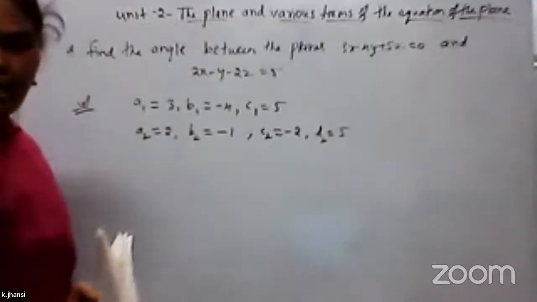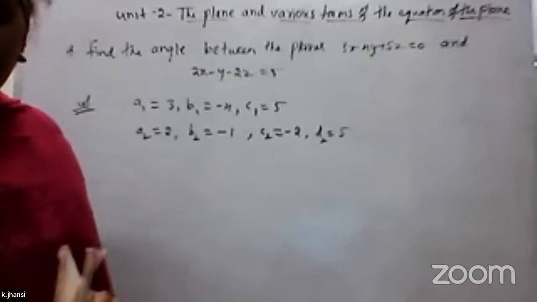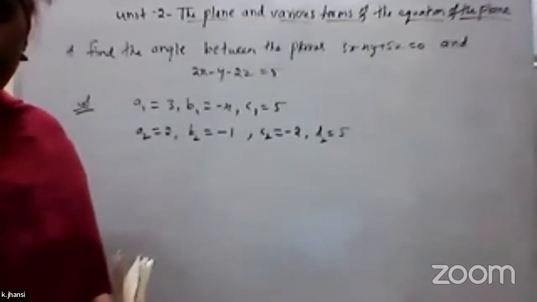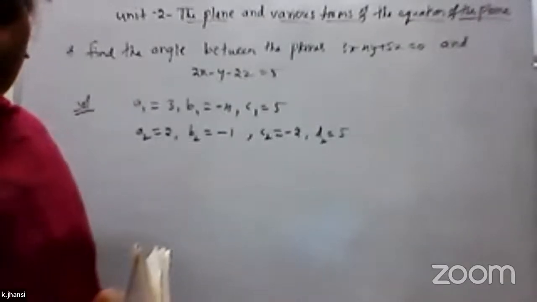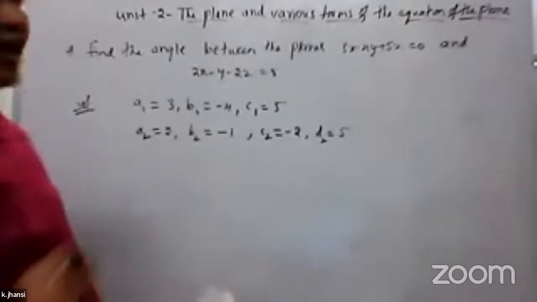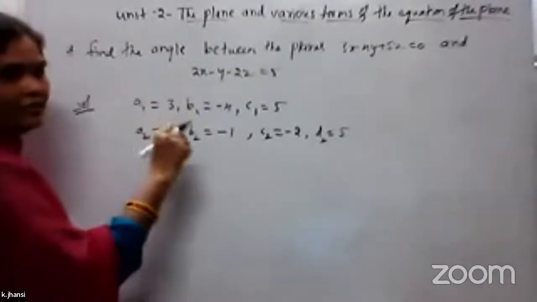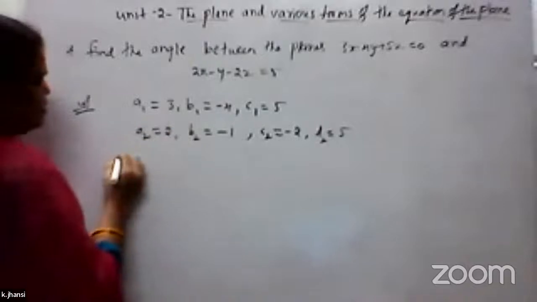But in the angle formula we are not having the d value. So a1 a2 plus b1 b2 plus c1 c2 we have, but we are not having d here. Why? Because in the numerator we have the condition of perpendicularity.